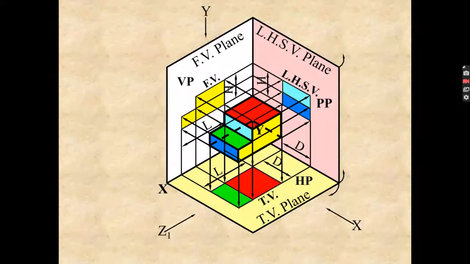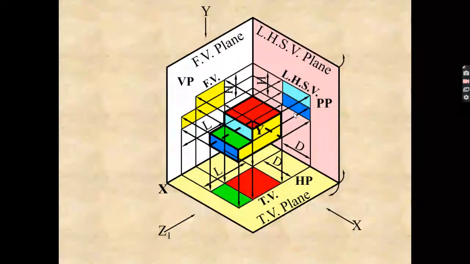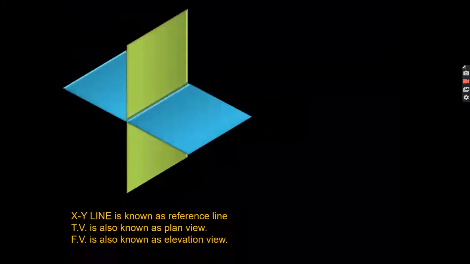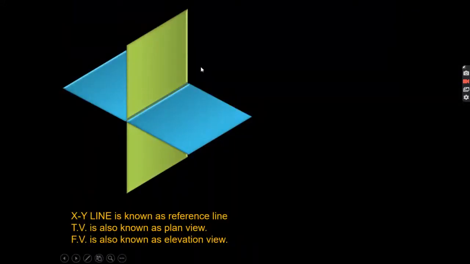So this is how you will get the front view, top view, and side view of the object. But of course, you have to draw it on the drawing sheet. How will you draw it? You will see later.